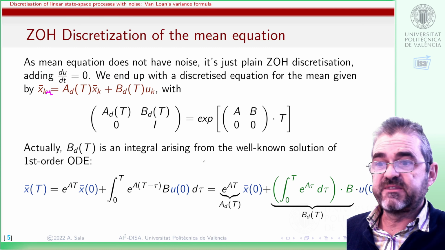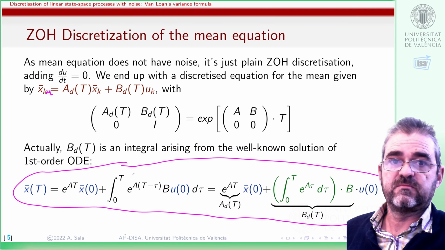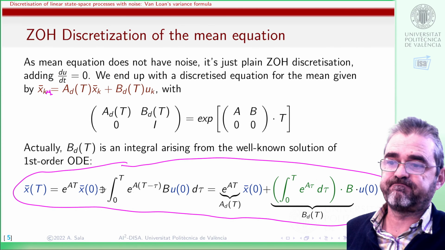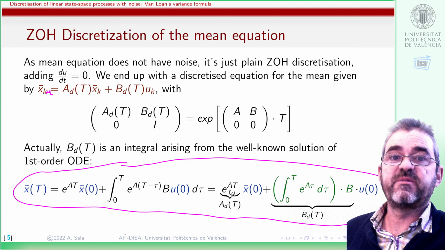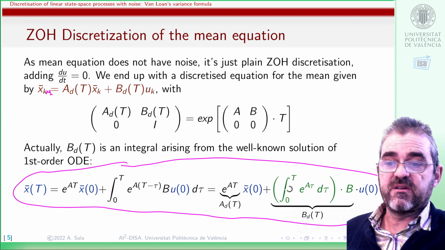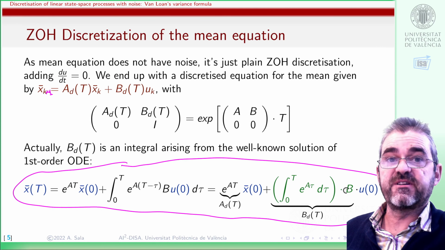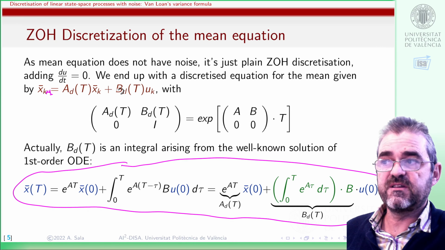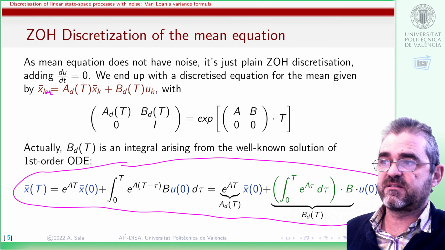We can either go to textbook solutions of ordinary differential equations. We'll have something like this, in which this matrix exponential will be the discretized A matrix here, and this integral of a matrix exponential will be this B discretized matrix.